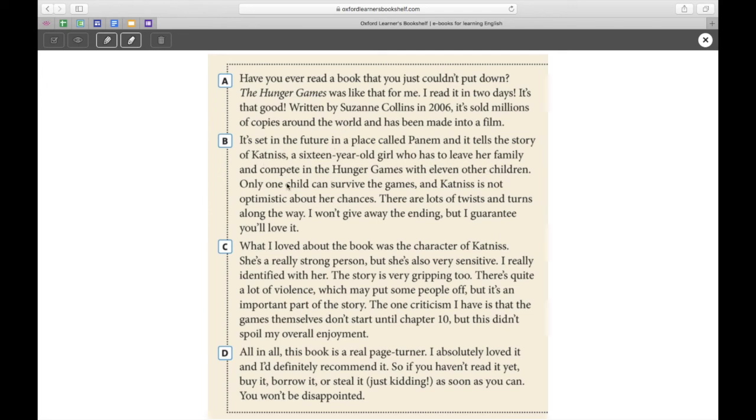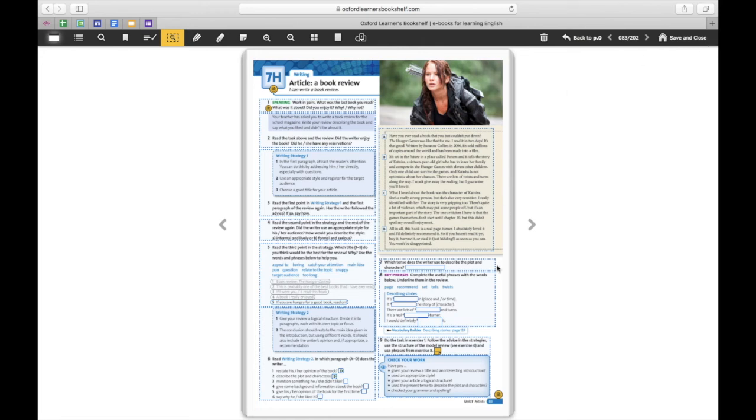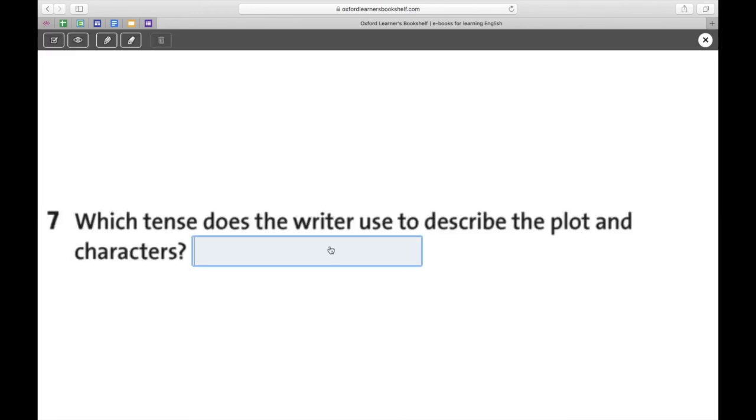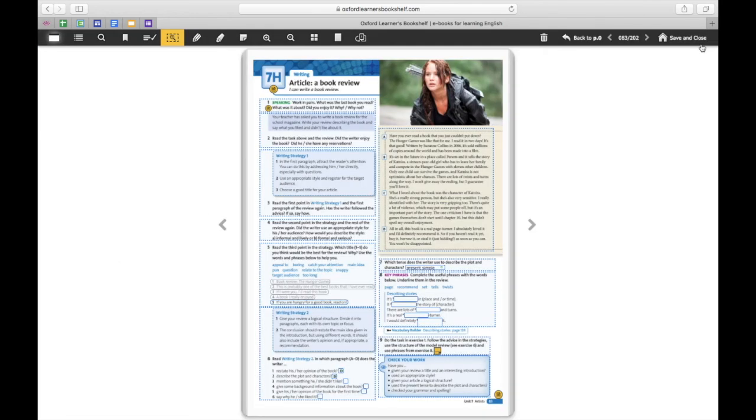Who has, can survive, is not. So the majority of the sentence structures are present simple. Okay, let's check. Yes, it's present simple. So as you can see, you two guys, when you write your book review, you should keep it in one tense, and mainly you should write it in present simple.